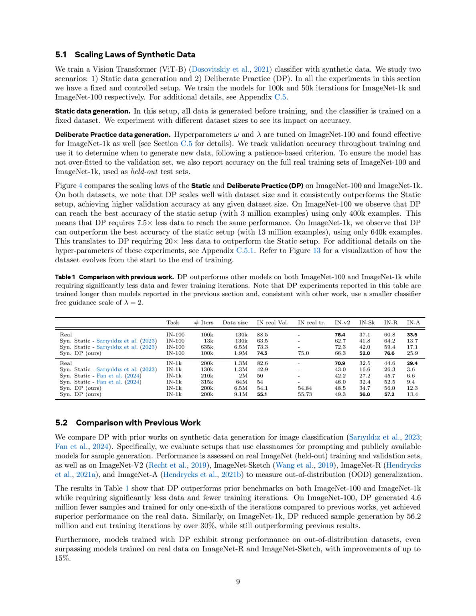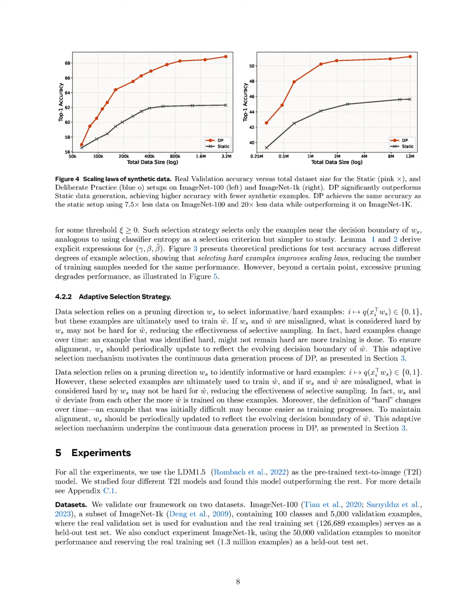Empirically, DP has demonstrated superior performance on datasets like ImageNet 100 and ImageNet 1K, achieving higher validation accuracy while using significantly less data and fewer training iterations compared to static methods. Overall, DP's adaptive mechanism ensures continuous exposure to informative data, thereby improving both efficiency and accuracy in model training.